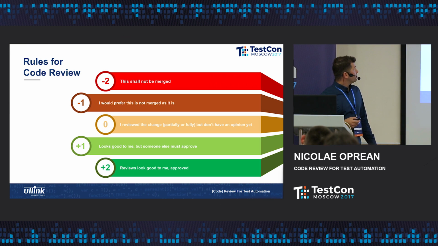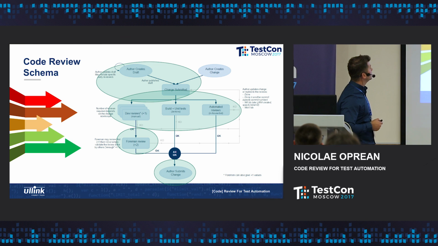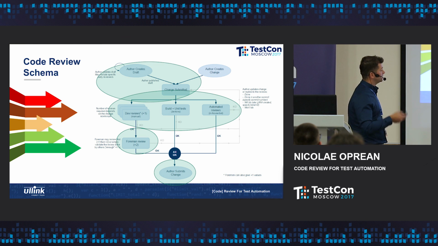The whole process can be summarized in the following schema. So we have the author that creates the draft. The author publishes the draft. The change is submitted. Then at the same time, we have 3 processes starting.